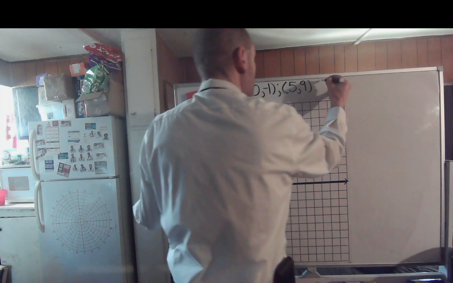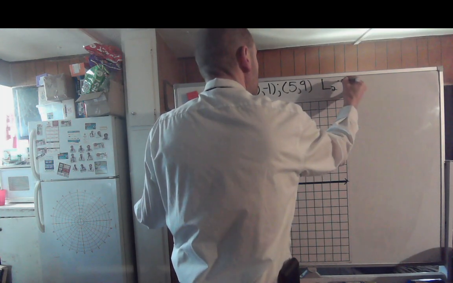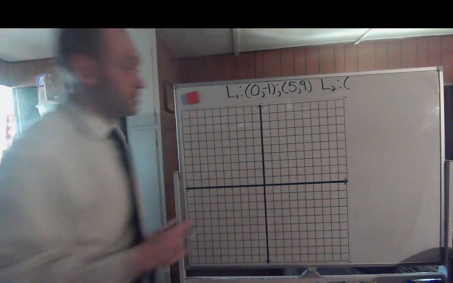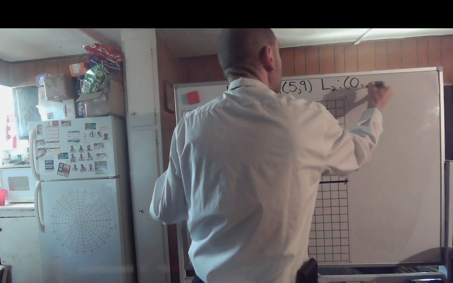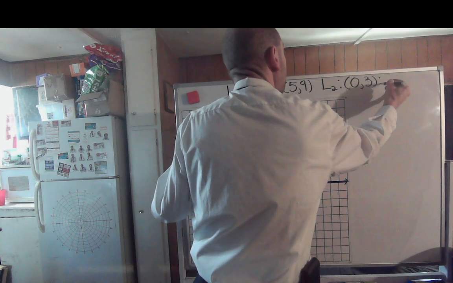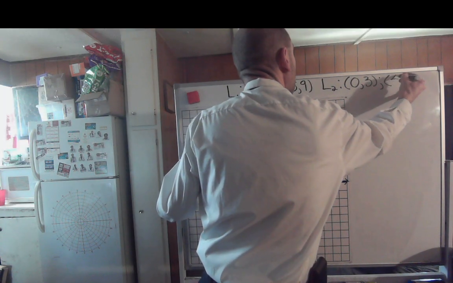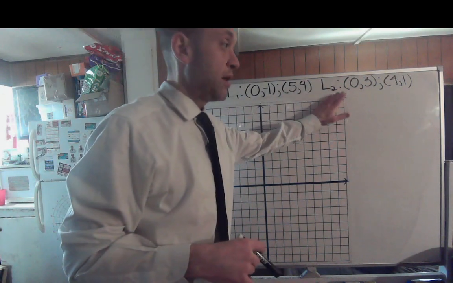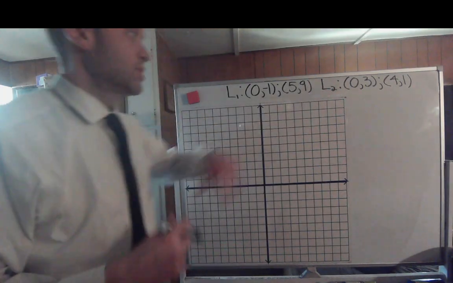Line 2, you're given the points 0, 3, and 4, 1. We need to determine, are these two particular lines parallel, perpendicular, or neither?